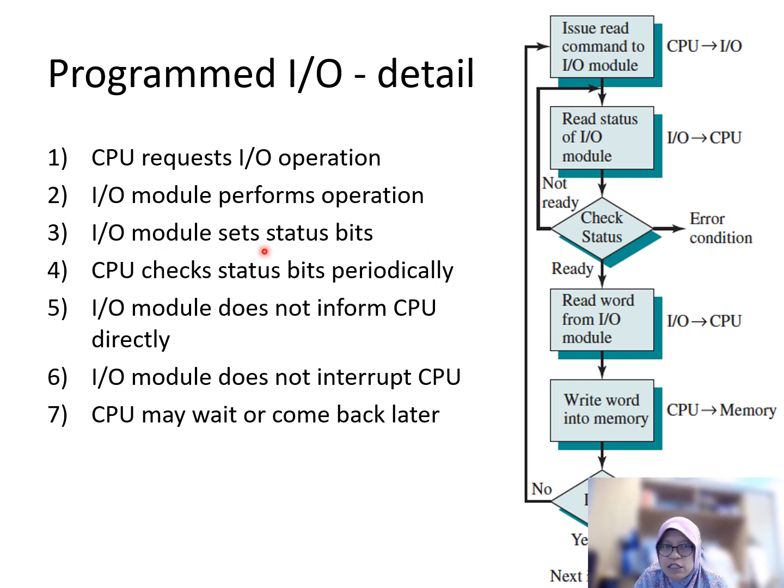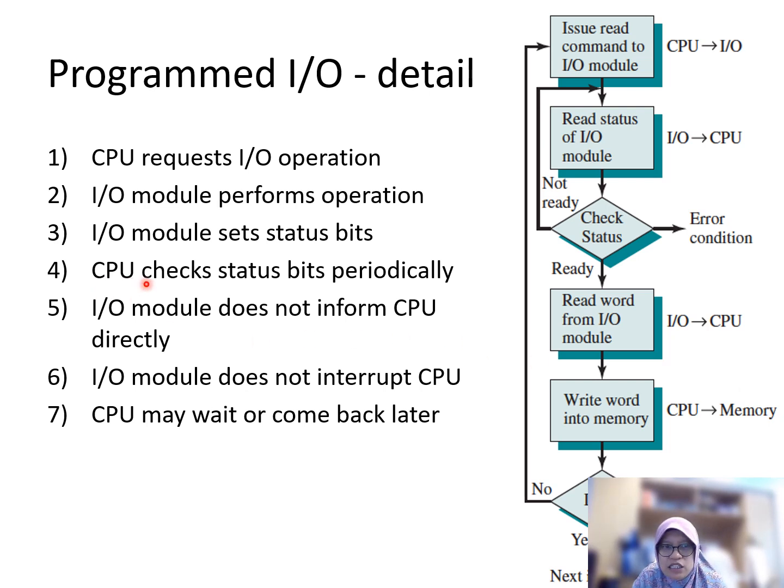That's why they need to set the status bits, either read or write, and ready or not ready, and then they perform the data transfer. So that's the purpose of the status bit here. The I/O module takes no further action to alert the processor. In particular, it does not interrupt the processor.